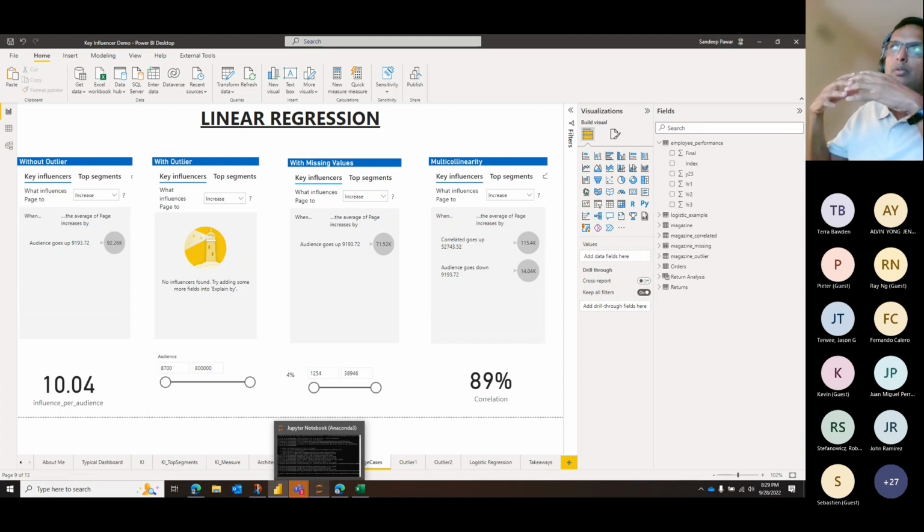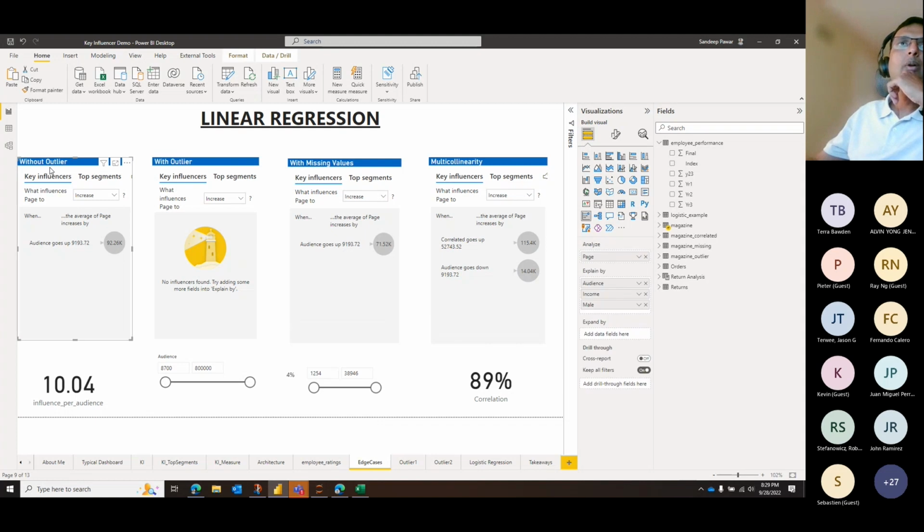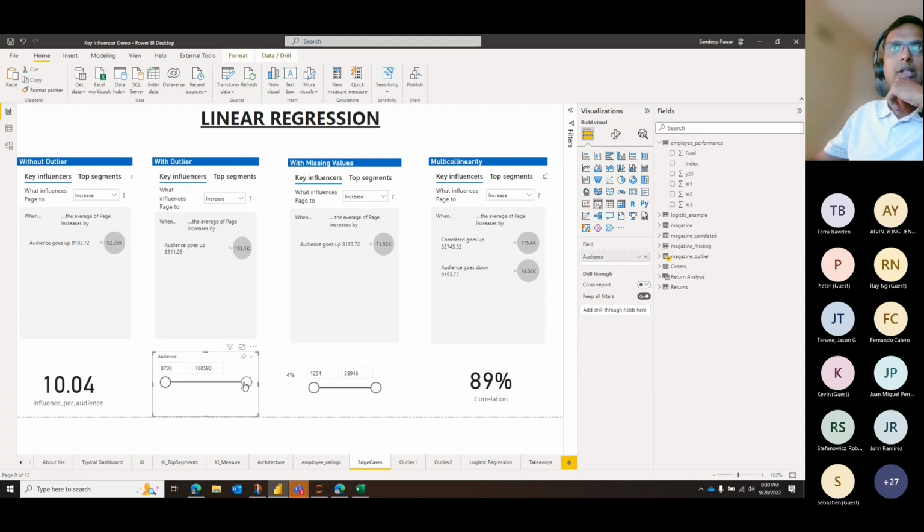Now, again, if you're doing this in Python, you would do the exact same thing. So let's say without an outlier, this is what you will get, 92.26, right? With an outlier, when I do that, so I added something here, and let me lower this, and you will see that you will get a different number.